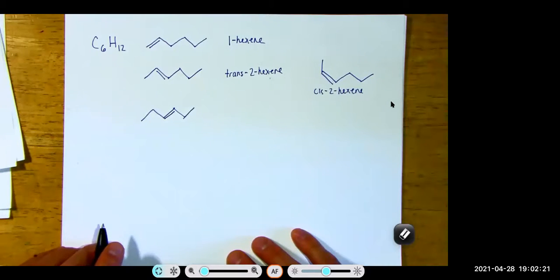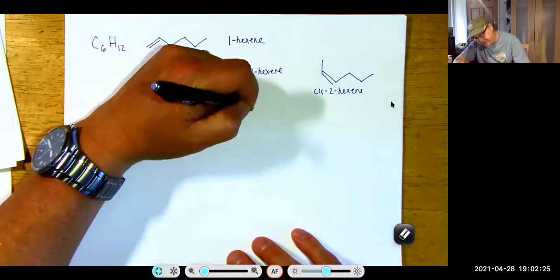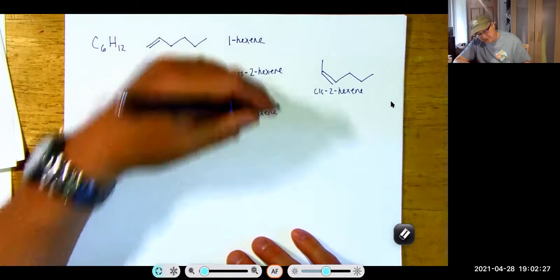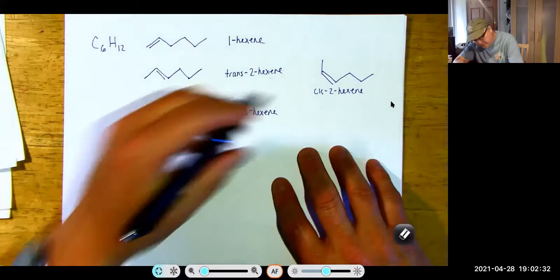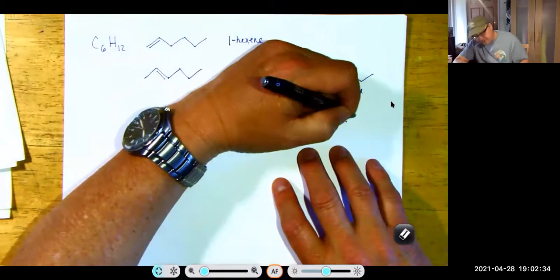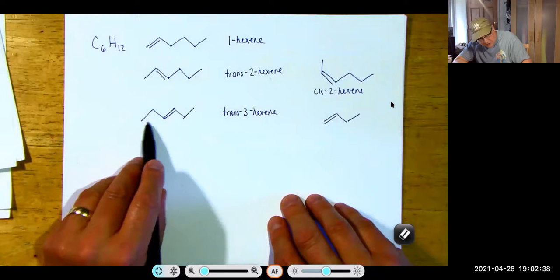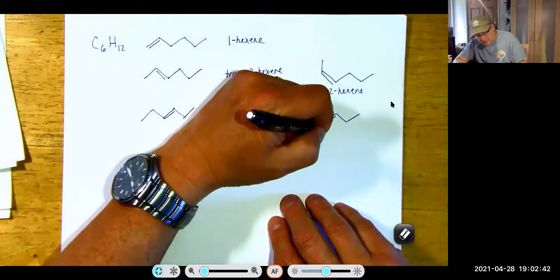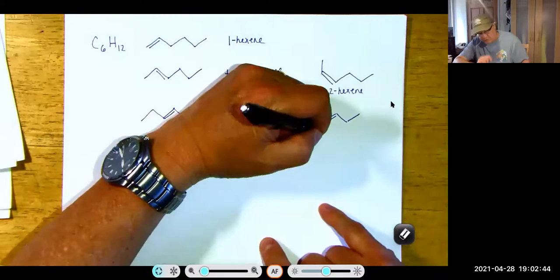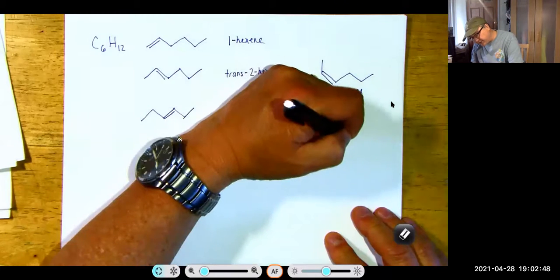Trans 3-hexene. So let's start drawing from right here. So here, this goes up and then down. We want it to go down. And then it doesn't matter whether it goes to the left or the right. So I'm going to put it this way. This would be cis 3-hexene.